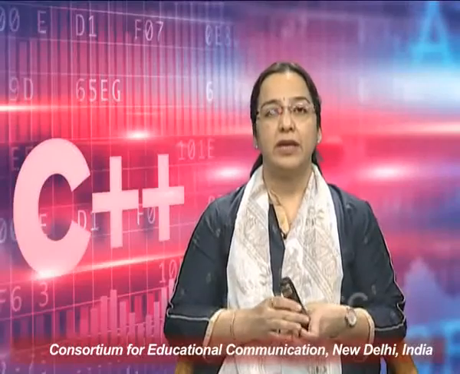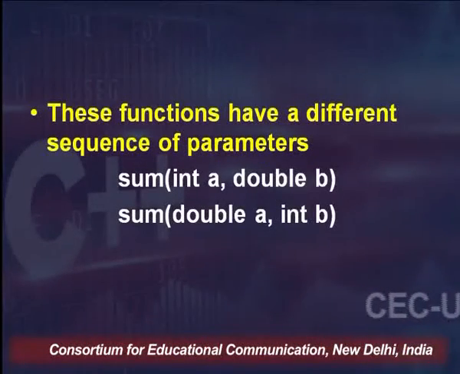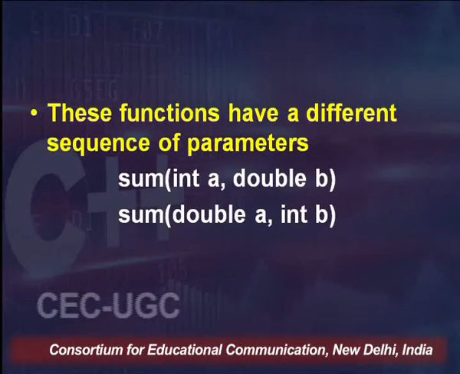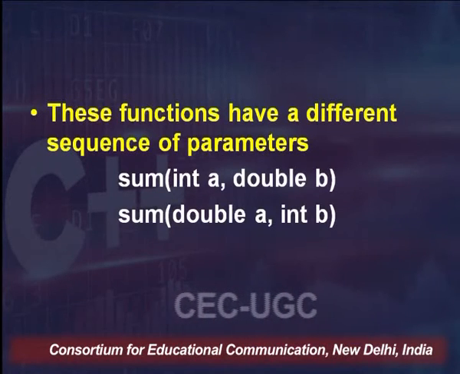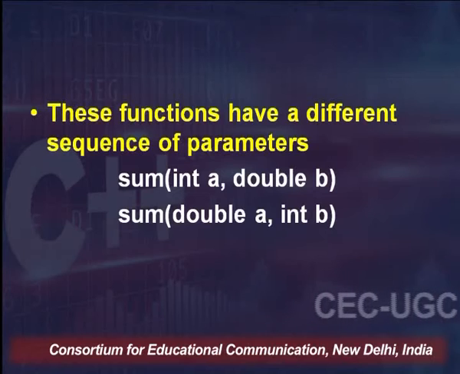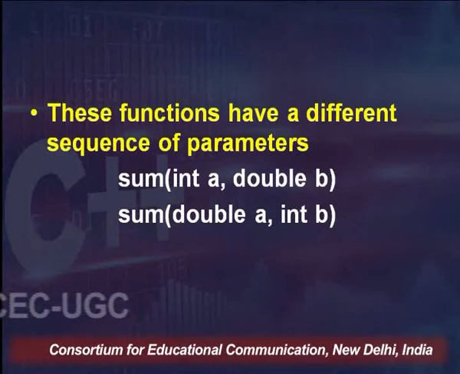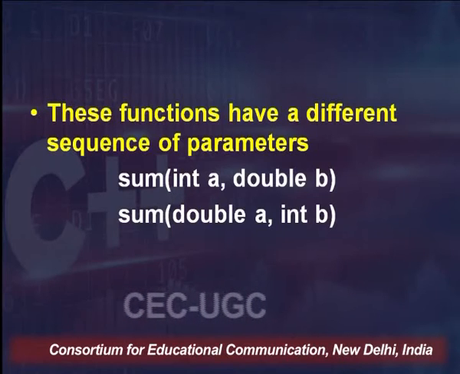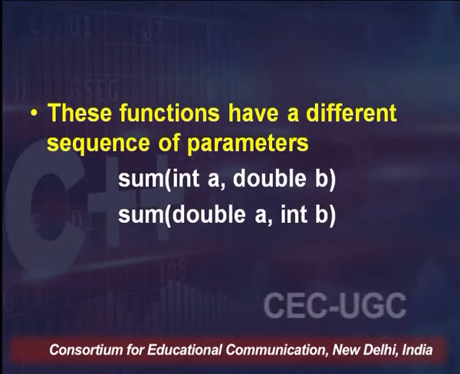So now the number of parameters is the same, and the type of parameters is also the same. One parameter is integer, another parameter is double for both the calls, but what is different here is the sequence of parameters.